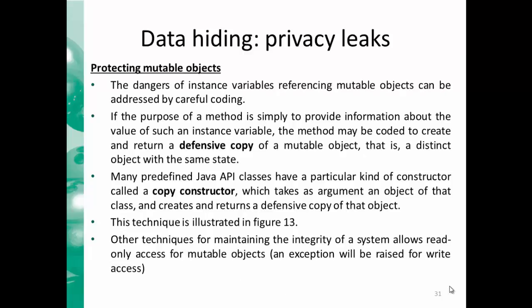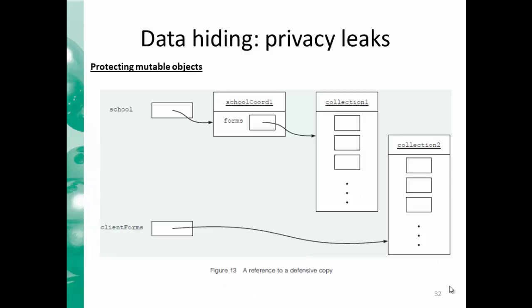To solve this problem, we can create what we call a defensive copy of the mutable object, which is a distinct object with the same state. This is made clear in this diagram, where we have the original object and the defensive copy to be accessed by the client.